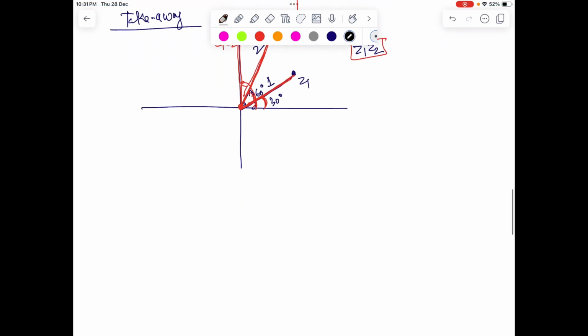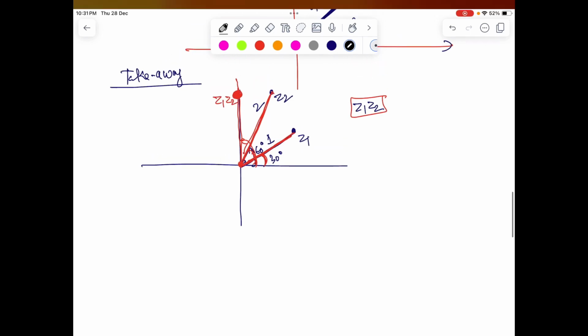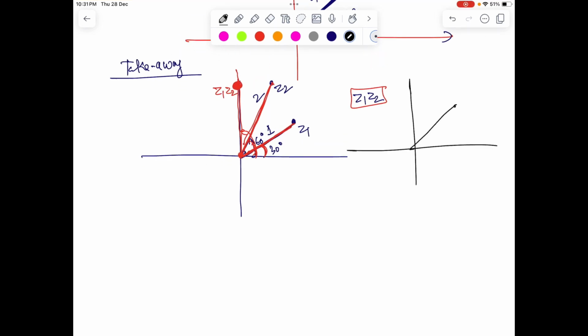Clear? To give more feel of this, let's take one more example. Let's say we have z1, which has a distance of 1 and angle of pi by 6, which is 30 degrees. We have got another complex number z2, which has a distance of 1 and angle minus pi by 6. What do you feel about z1 z2?